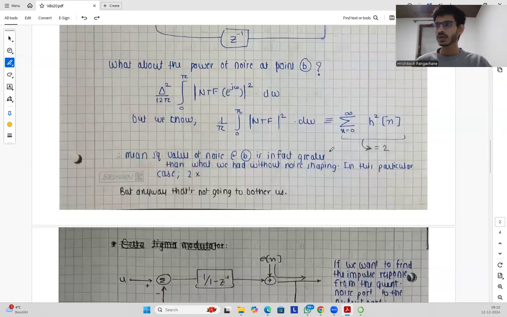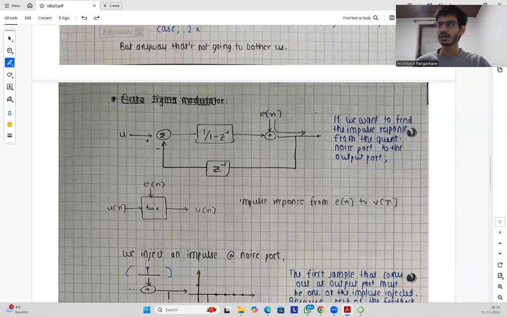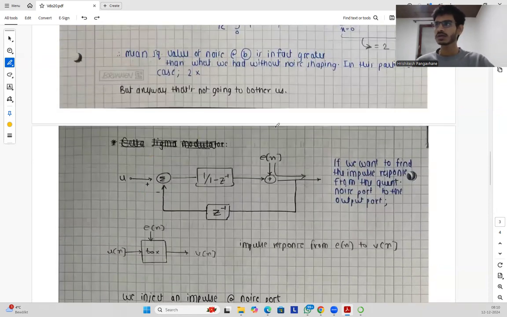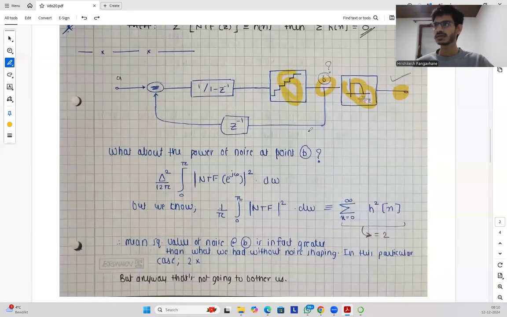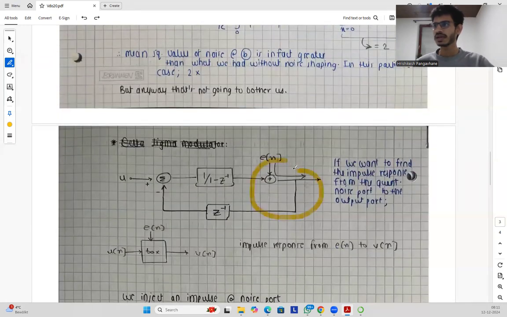When we represent it in a linearized model, the quantizer is the most non-linear element, so we linearize it by realizing the quantizer as an additive noise source. And if we want to find the impulse response from the quantization noise port to the output port, forget about the loop as of now.